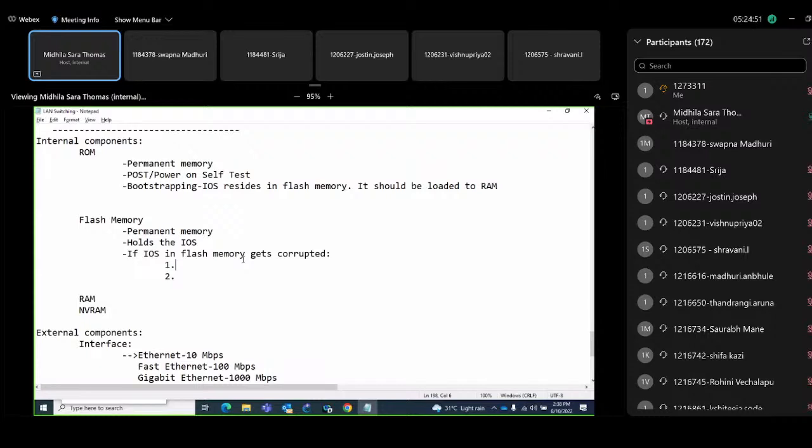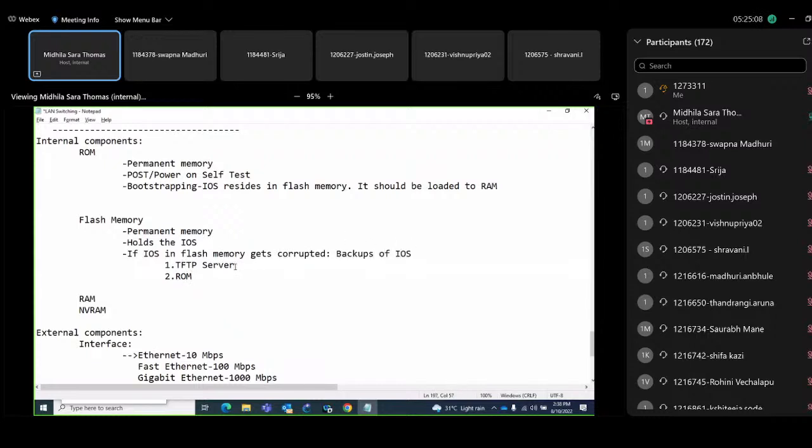So that is why you have two options. One is in the TFTP server and the other is in ROM. There are two backups of IOS.